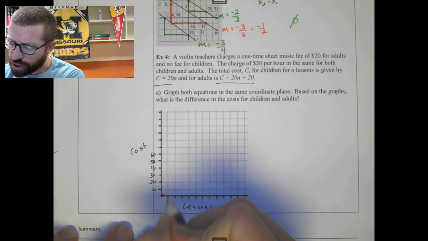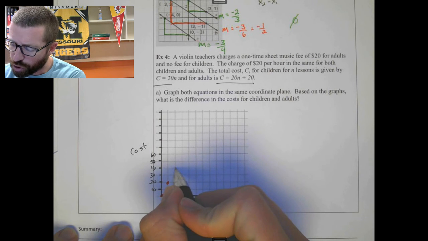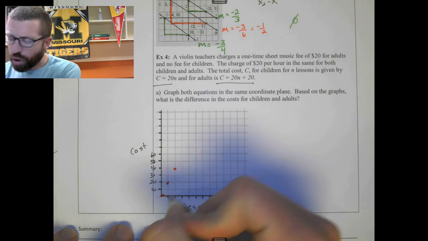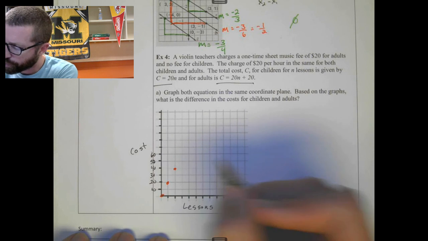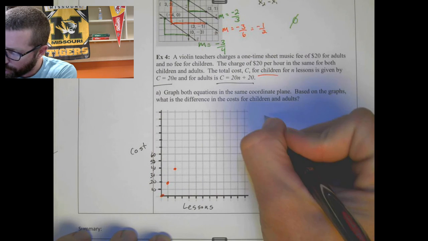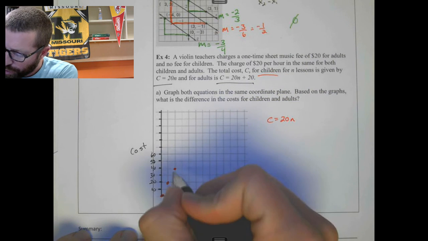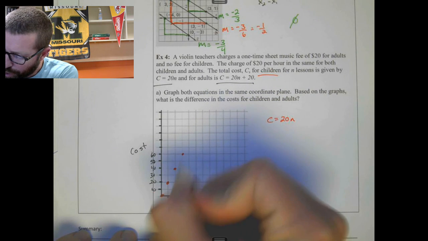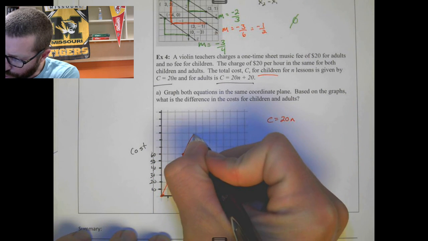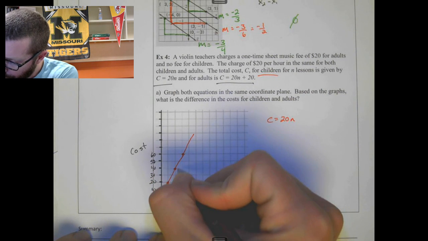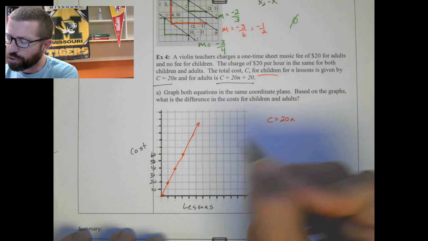And for every lesson, it goes up 20, or we have a slope of 20. And this is for children. We use C equals, we'll write it down here. And we can just continue on with this line if we can make it as straight as possible. And so there's the cost for the children.